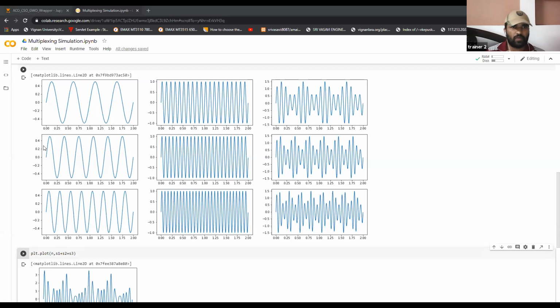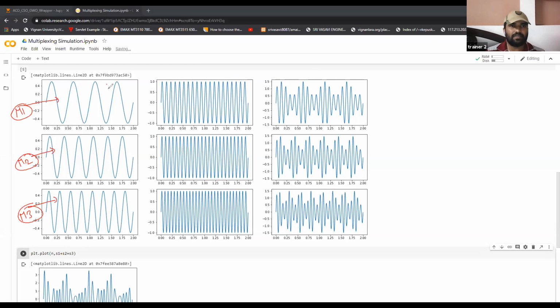Here, what it did is, as you can see, this is M1, this is M2, this is M3. So M1, M2, M3 means these are messages. Messages means they can be analog information or digital information which is converted to analog.